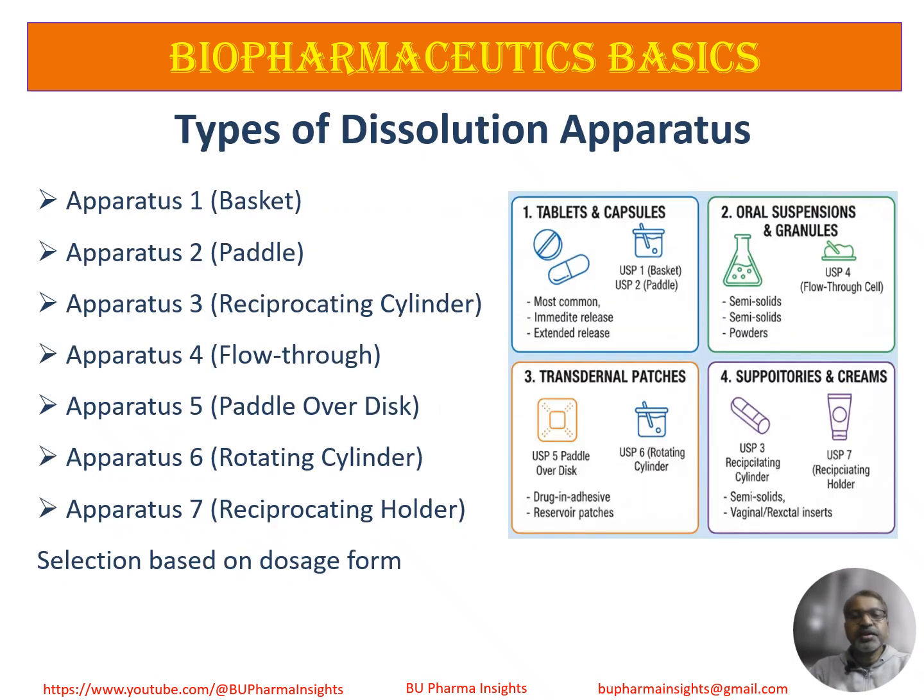Further, USP recommends several dissolution apparatus types. For most immediate release tablets, the paddle method is commonly used. For complex dosage forms such as pellets or poorly soluble APIs, a flow-through cell system is often required. Choosing the right dissolution apparatus is not just a lab decision, it's a key part of overall biopharmaceutic strategy.